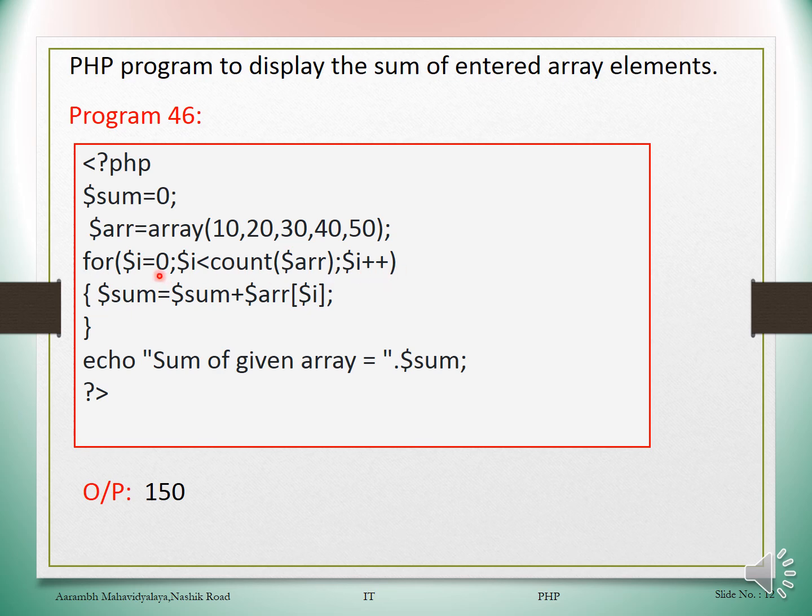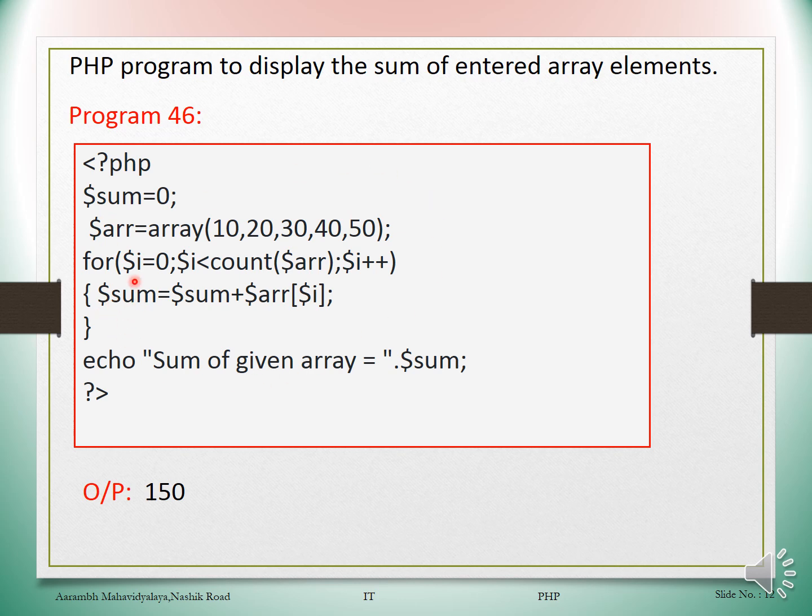Just like the previous program, it will execute the for loop. Then $sum equal to $sum plus array of $i. What will happen with this? Initial value of sum is 0 plus here first value of array is 10. That means 0 plus 10 equal to 10. This value will be stored here, then value of sum is 10 plus next is 20. 10 plus 20, sum is 30.